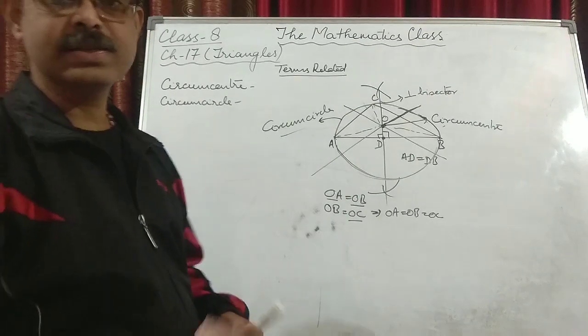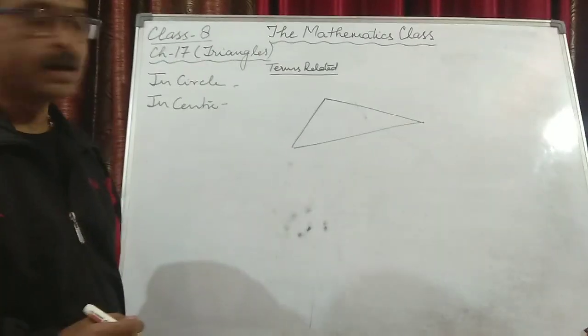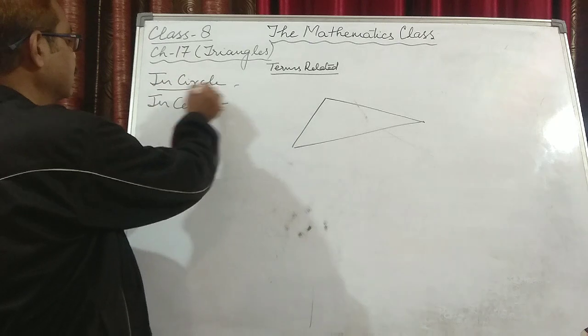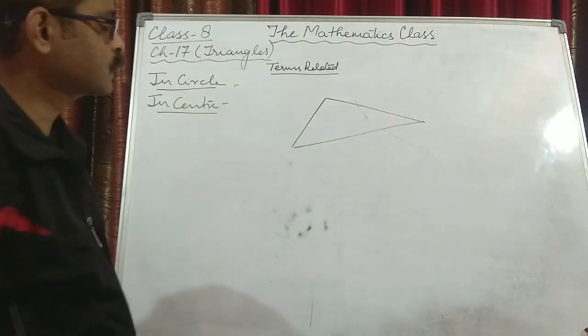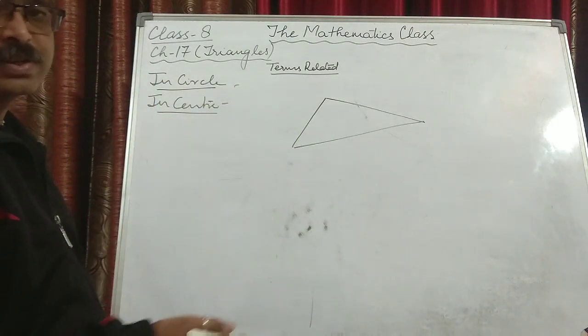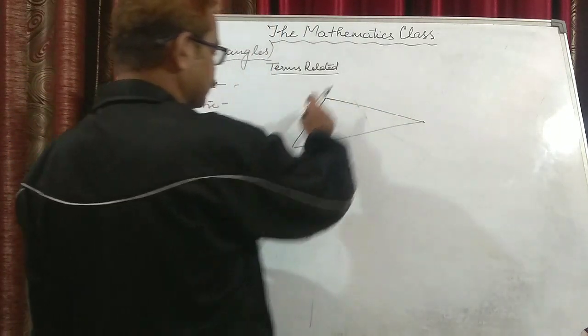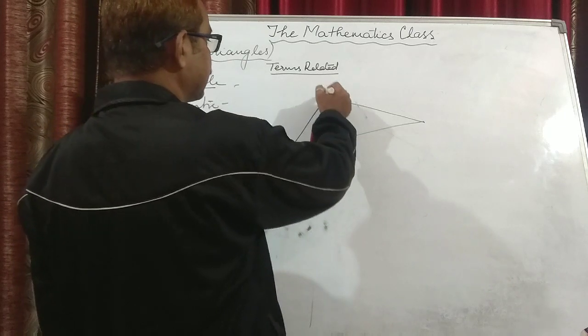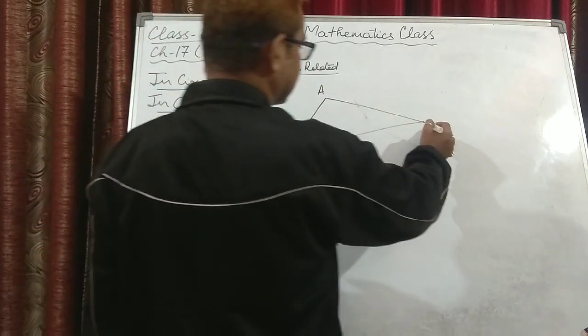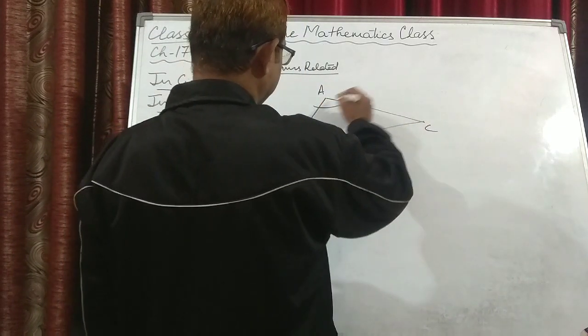Now we move on to incircle and incenter. Now what is incircle and incenter? In the previous circumcircle and circumcenter, we bisected the sides of the triangle. Now here we are going to bisect the angles of the triangle.